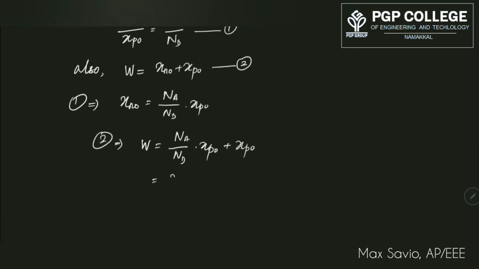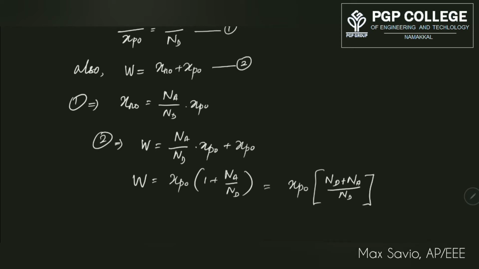Here we can take x_p0 common, so we have 1 plus N_A by N_D. This is the width, which can also be given in this form. Further simplification, taking the LCM: x_p0 into N_D plus N_A divided by N_D. So this is how it looks, and this is the width.